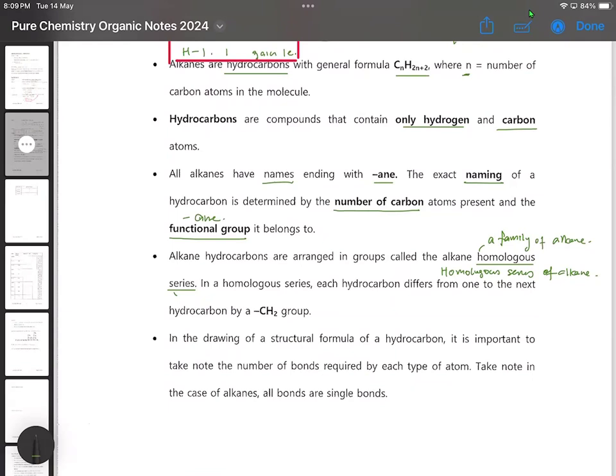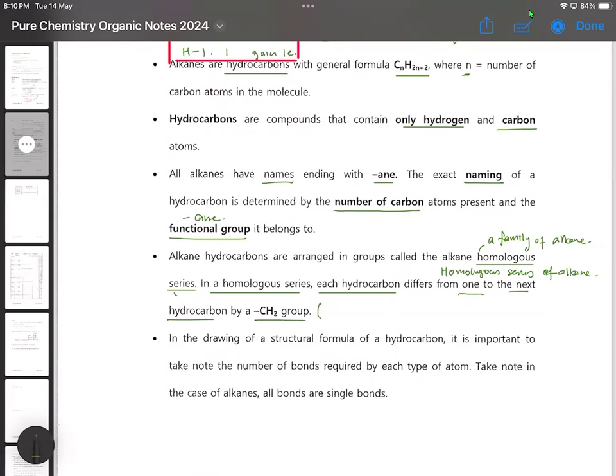One of the more important things you will want to know is that in a homologous series, each hydrocarbon differs from the next hydrocarbon by a CH2 group.